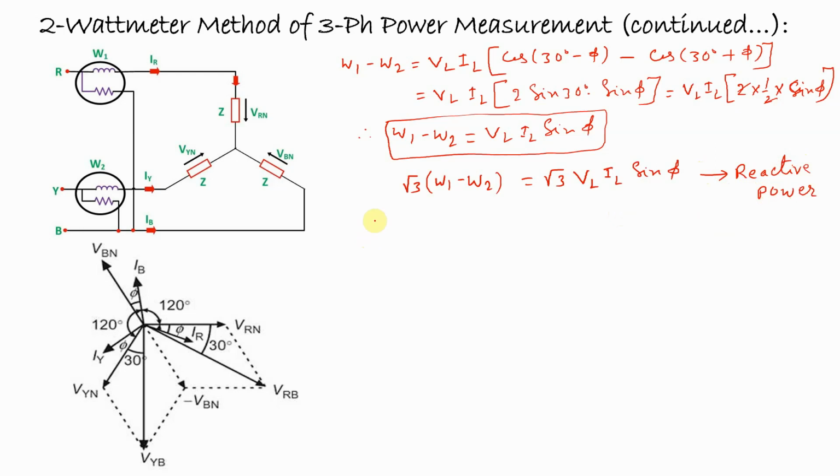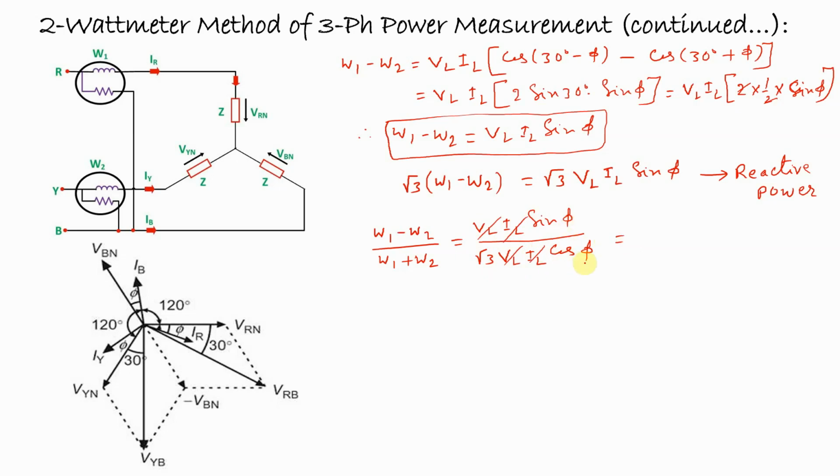But to find the power factor, we will consider W1 minus W2. So in the next step, find the value of W1 minus W2 upon W1 plus W2. Here it will be VL IL sin phi upon the value of W1 plus W2, which is the three-phase power, that is root 3 VL IL cos phi, where VL and IL are cancelled from the numerator and the denominator.